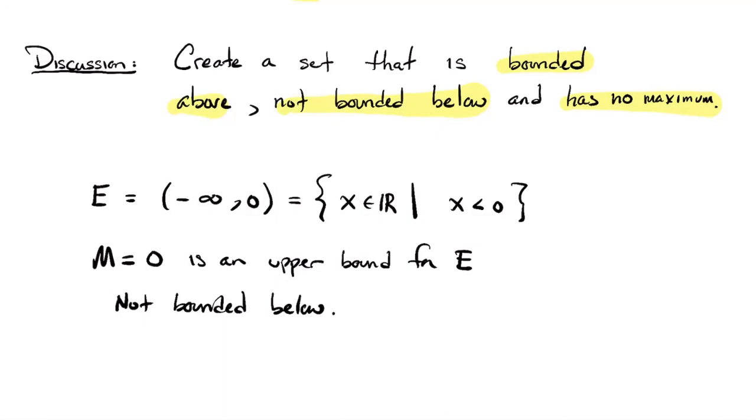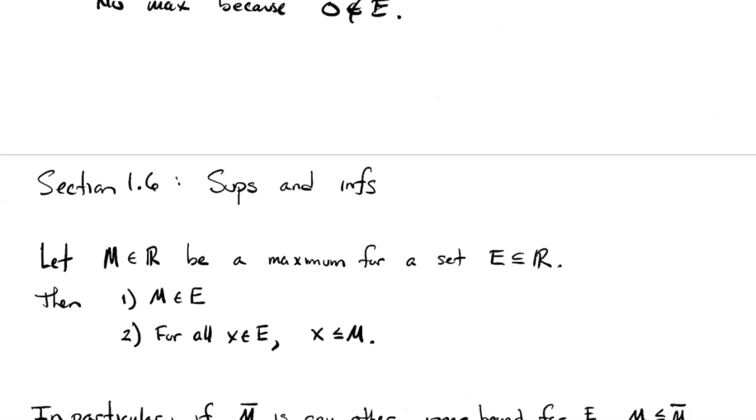So it has no lower bounds, but it doesn't have a maximum. It doesn't have a maximum because 0 doesn't belong to E. Okay, hopefully you created some different example. There's lots of them. Cool, just getting used to the language here.